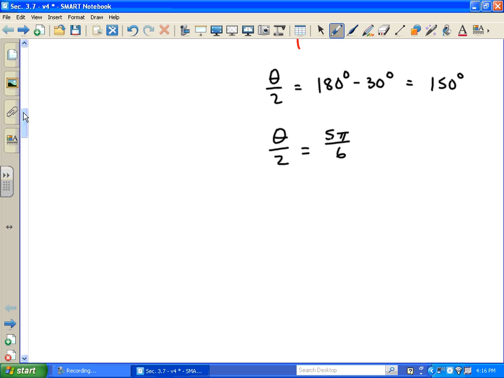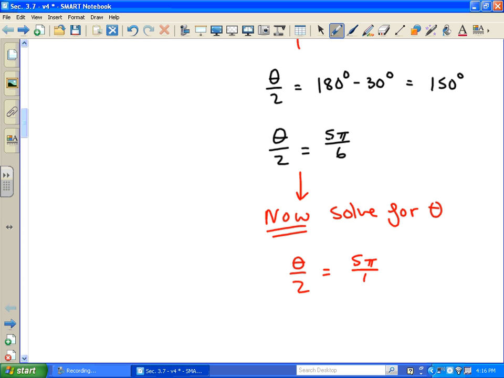Now, the final step on problems like this is to take this equation that you have found and solve it for theta. So now, solve for theta. We have theta over 2 equals 5 pi over 6. To get rid of the 2 that's in the denominator, we'll multiply both sides by 2 over 1.